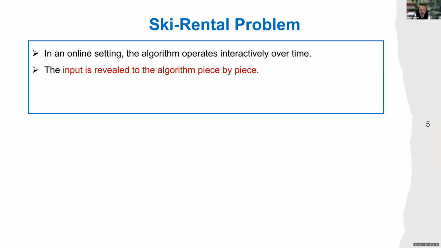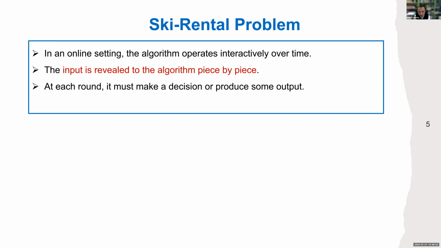The input is given to the algorithm piece by piece. After one day, I give you an extra piece of information. Another day, I give you another extra piece of information. And at each round, you have to make a decision. In our case, it's either rent or buy.